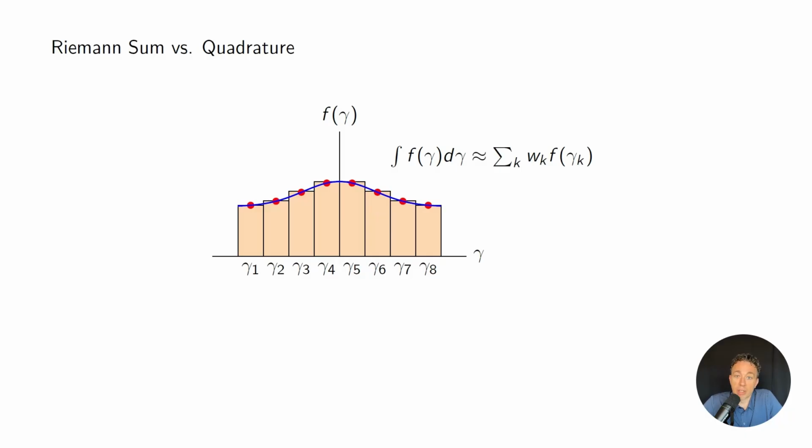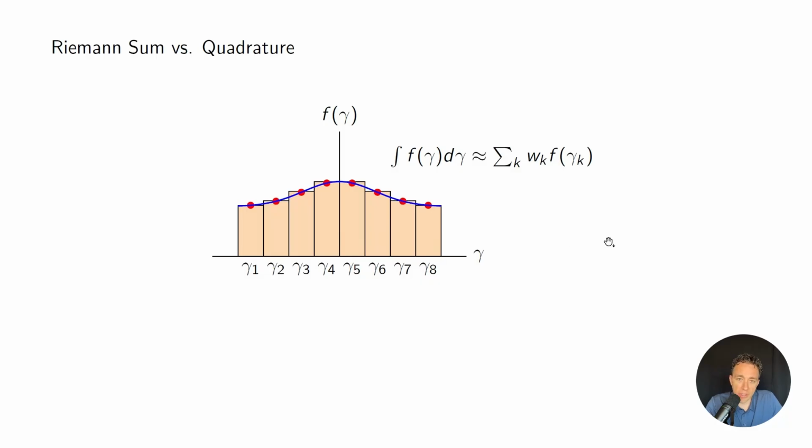We need to approximate this integral over the gammas according to this Riemann sum with these bars that you see here. So formally, the integral of f times d gamma is approximated by some summation of weights times the function evaluated at the grid points. So we call the gammas our grid points, and then the weights are like how thick the rectangle is.